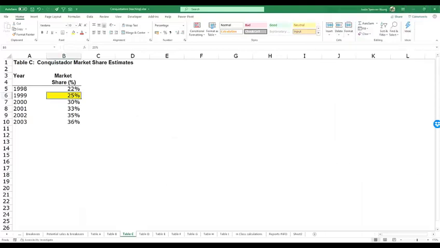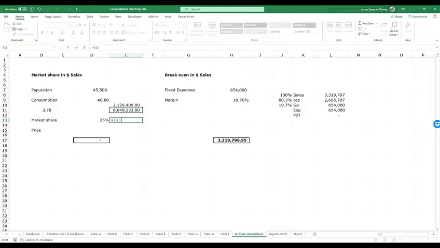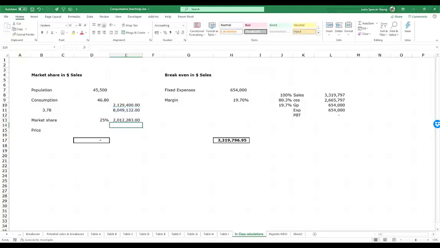There it is. Let's go back to our calculations here, and let's put 25% in there. And I want to work out what is 25% of our 8 million liters so that I know how many liters of Conquistador beer is being sold in this market.